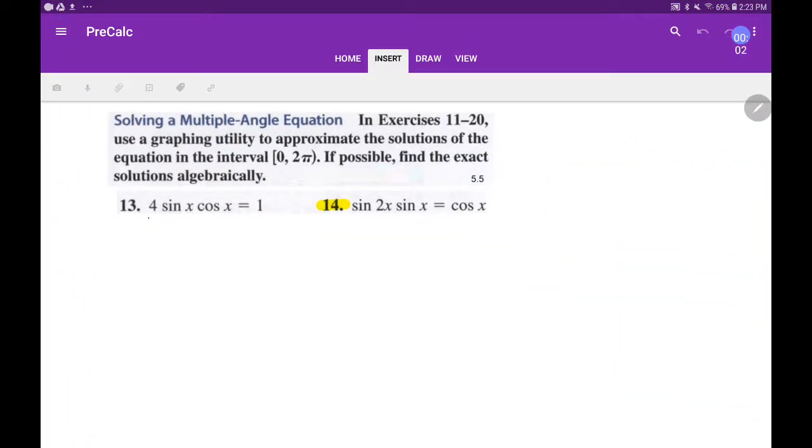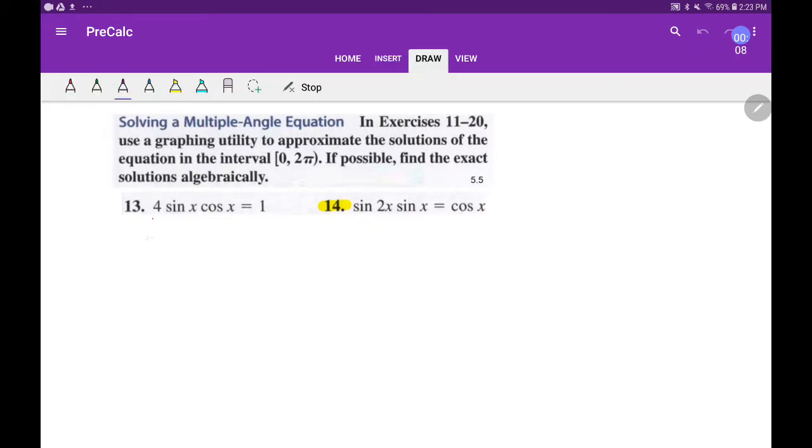Solving a multi-angle equation, if I can talk. So let's see here. We might want to remember that this is true, right?